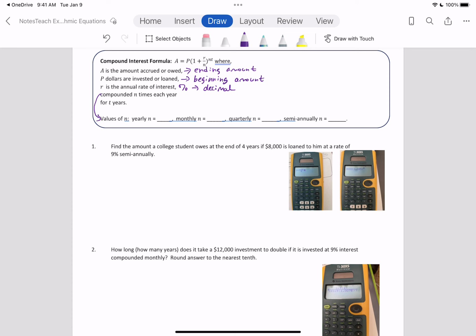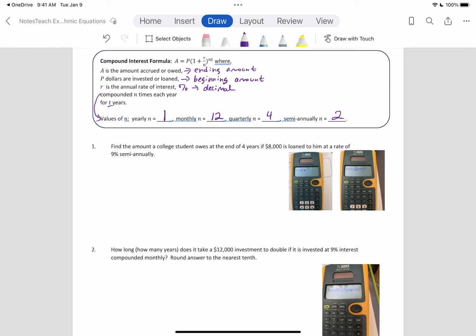And if you look down here, some of the values for N, if it's yearly, then that means one time a year. Monthly, there are 12 months in a year. Quarterly, there are 4 quarters in a year. And semi-annually, halves the year, which is twice a year. Okay? And then, of course, T is time as usual.